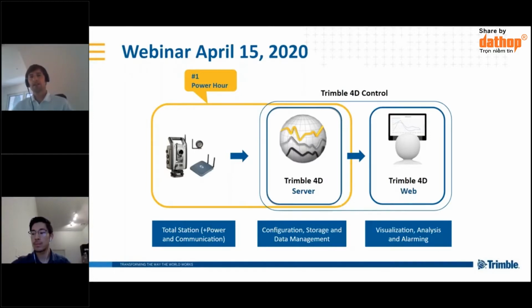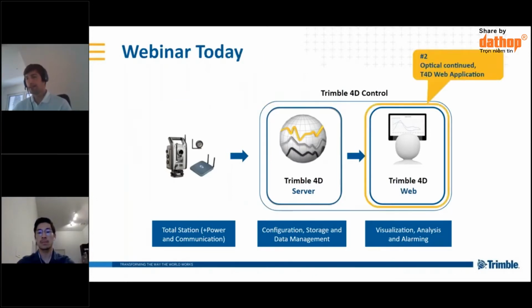On the T4D side, the last time we did all the geodetic configuration. So for example, we did the station setup, we defined our backsight points, and I think we also configured the coordinate system. So this was Trimble 4D server.